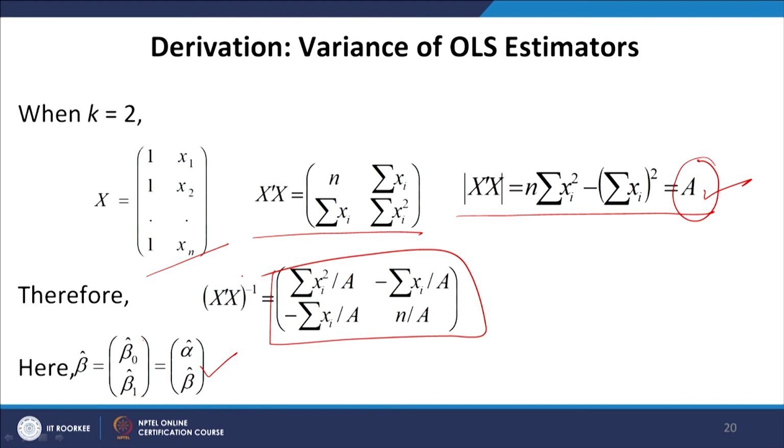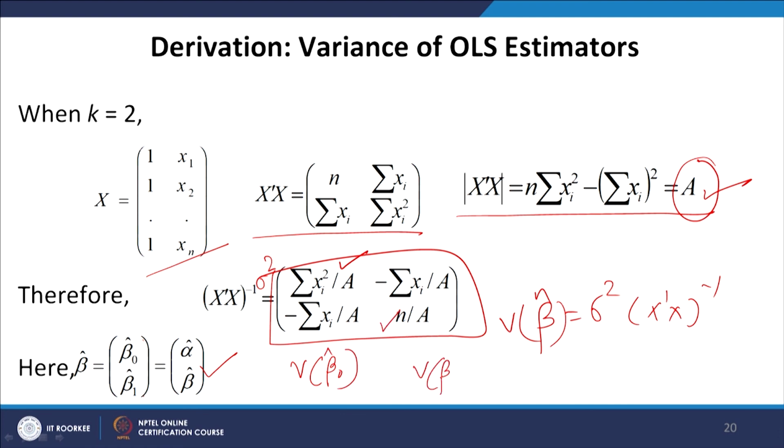Now you remember that the variance of beta hat is sigma square x prime x inverse. Okay, so I have sigma square here, and what does this give me? This gives me the variance of beta naught hat, this gives me variance of beta 1 hat. This is equivalent to covariance between beta naught hat and beta 1 hat, and this is again the covariance between beta naught hat and beta 1 hat.